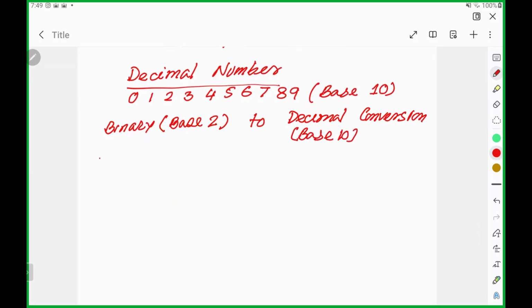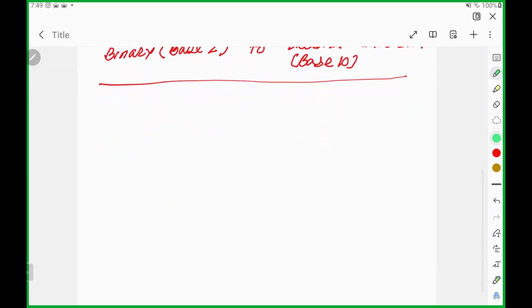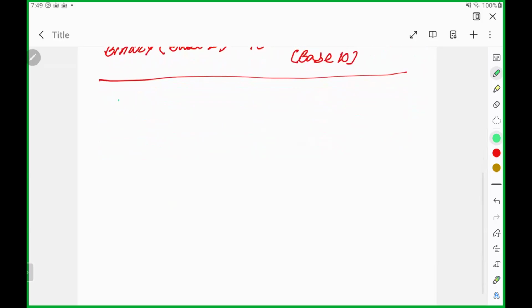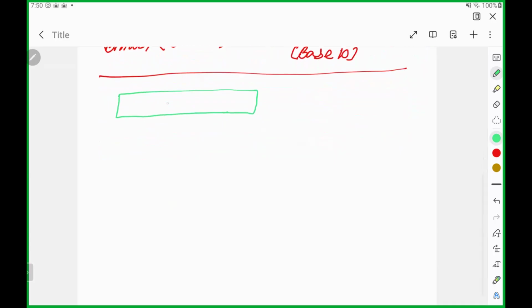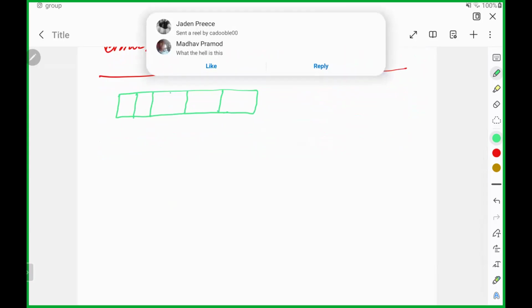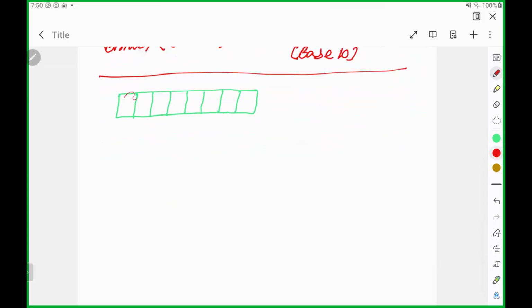In order to do this, we have learned about the positions. We have 8 different positions where we can place a 1, numbered 0, 1, 2, 3, 4, 5, 6, 7, so from 0 to 7.